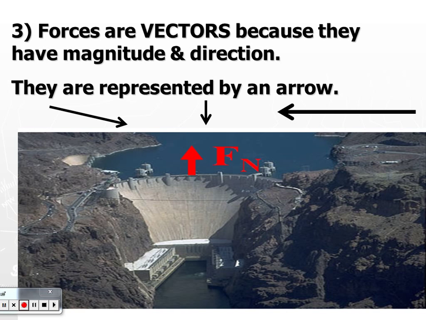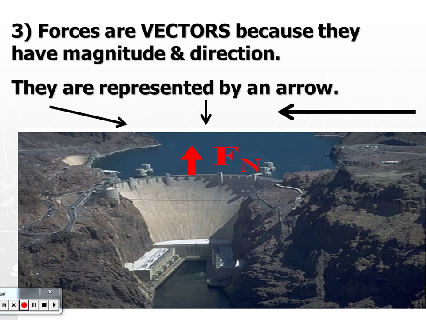So force is another number that requires two things: magnitude and direction. We will represent forces with an arrow. The size of the arrow, how big or small the actual arrow is, from tail to tip, will represent the magnitude. So the bigger the arrow, the bigger the magnitude, the harder something is being pushed or pulled. And then the direction of the arrow is the direction of the force.